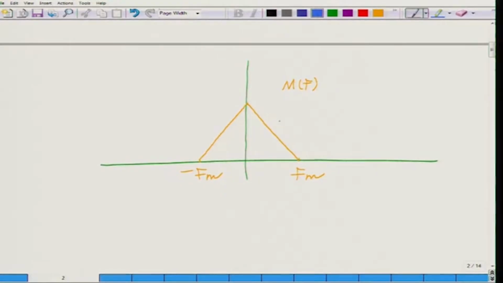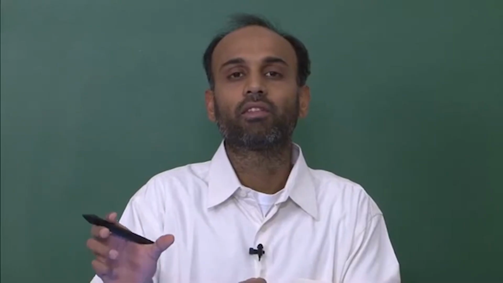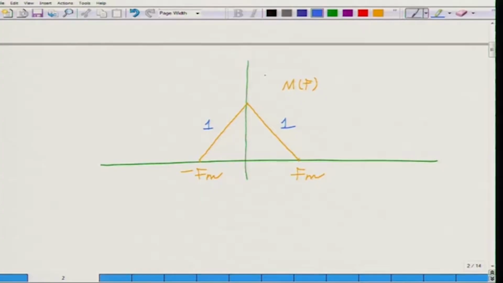Now, we will write the number 1 to indicate that this is the original baseband spectrum, with the positive frequency band and the negative frequency band scaled by unity. Just to keep track of the various scaling factors, we start with the original message spectrum, where both the positive frequency band and the negative frequency band are scaled by unity.